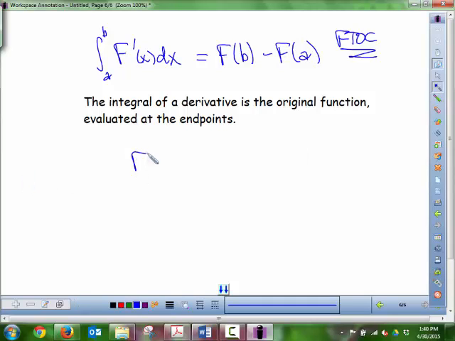Now, a line integral is the integral of a vector field, right? Now, have we studied a vector field that is a derivative of some sort? Gradient.